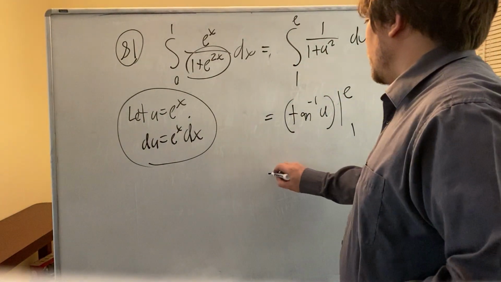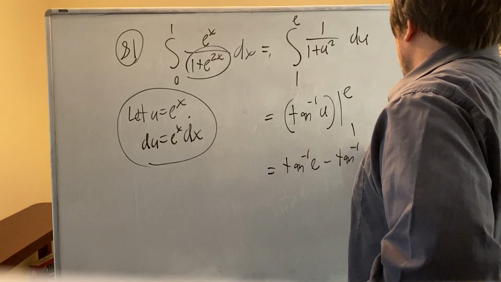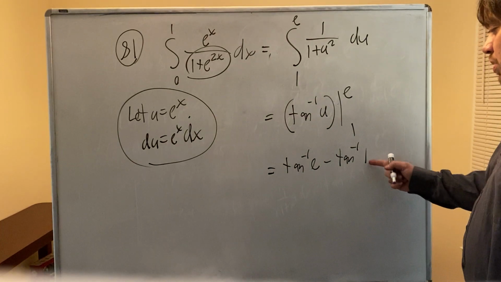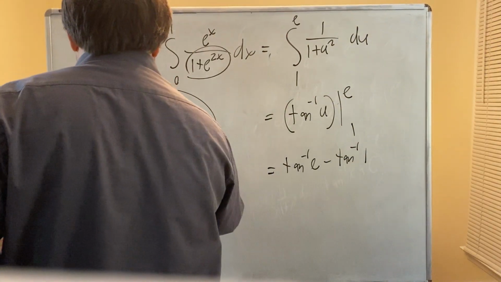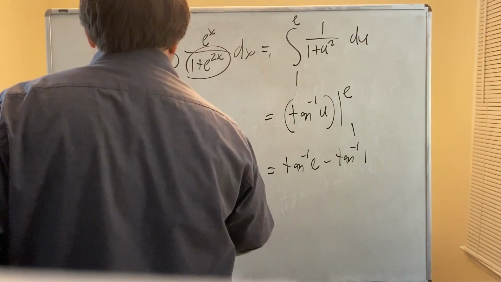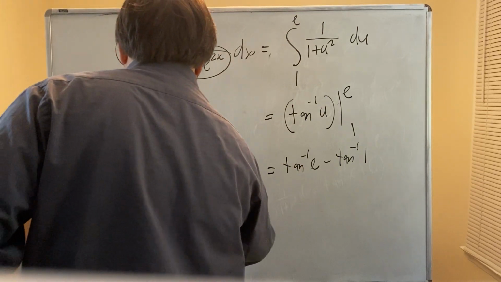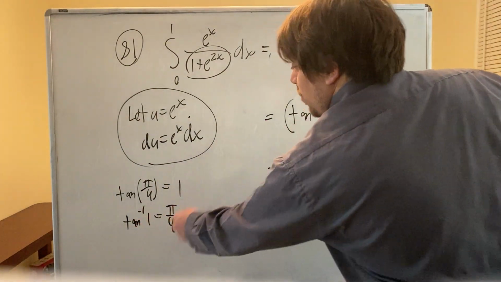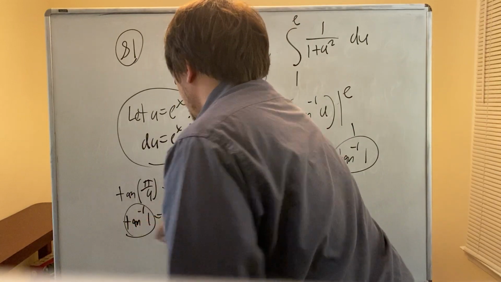So then this is equal to tan inverse e minus tan inverse 1. And what's tan inverse of 1? That's pi over 4, because tan of pi over 4 is 1. And so tan inverse of 1 is pi over 4.